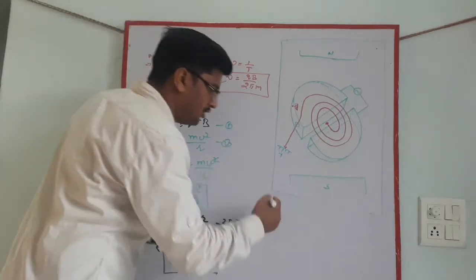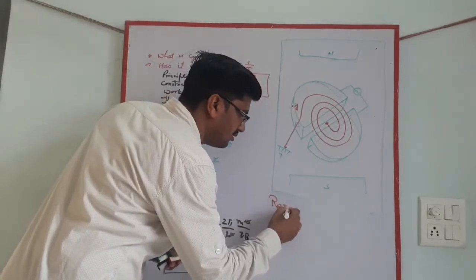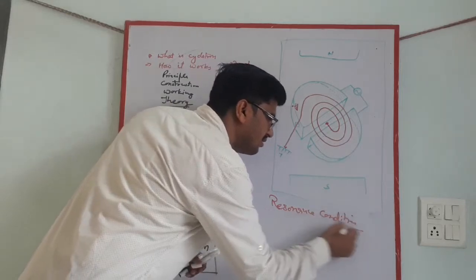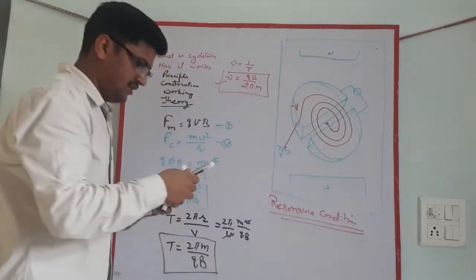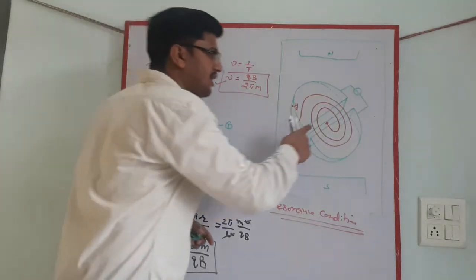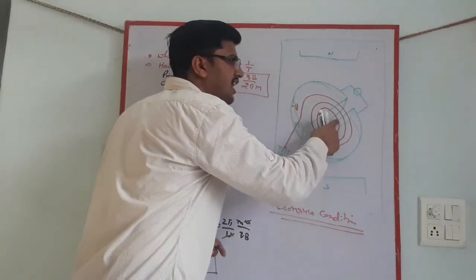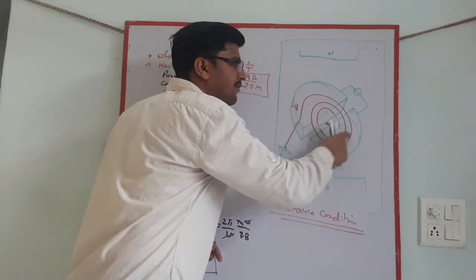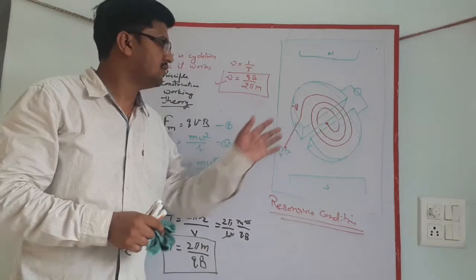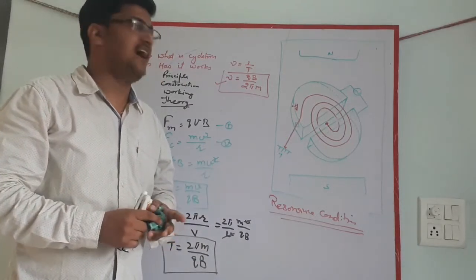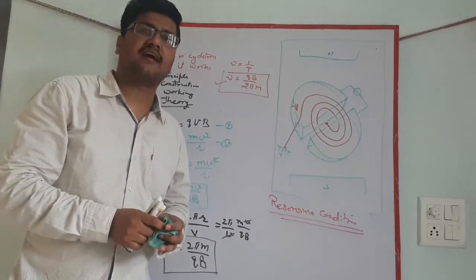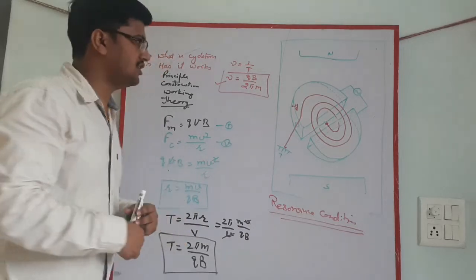Dear students, there is one more term: resonance condition. The resonance condition is that if the frequency of the oscillator becomes equal to the frequency of the charged particle reaching the gap, then this condition is known as resonance condition. And if the resonance condition fails, the charged particle cannot get sufficiently high energy. Why?